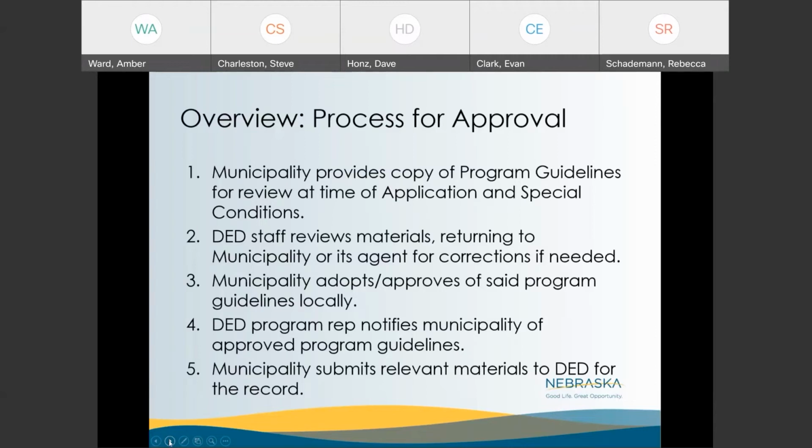The municipality does need to adopt your approved guidelines, and then you will provide them to DED, and the DED program rep will notify the municipality that the approved guidelines have been received and approved, and the municipalities will submit the final version to DED for our files and yours, and also for the complete record.